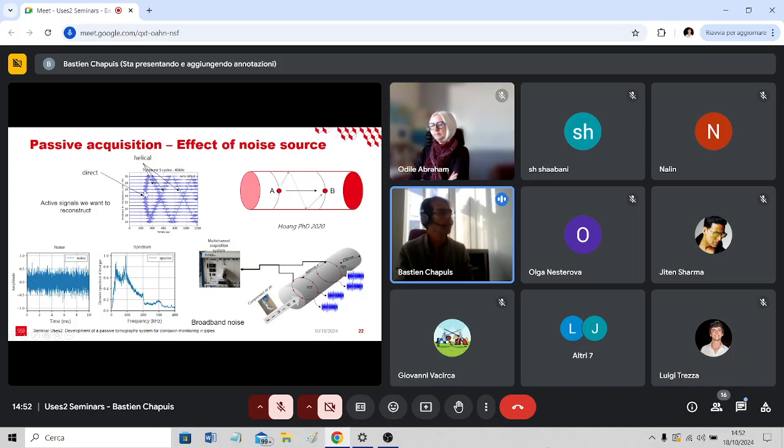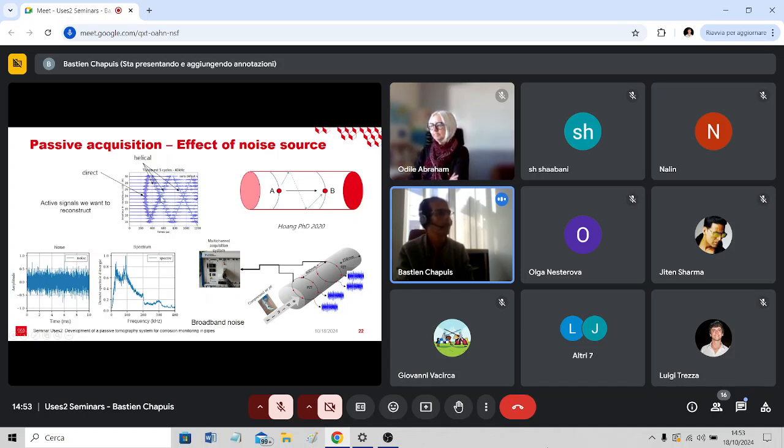You can see the first wave packet is the direct signal. If the two transducers are aligned, there is a small travel time, and if the reception is moving around the ring, the path is slightly longer, so the time of flight is slightly larger.